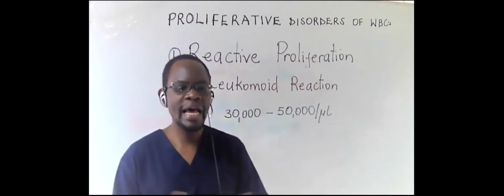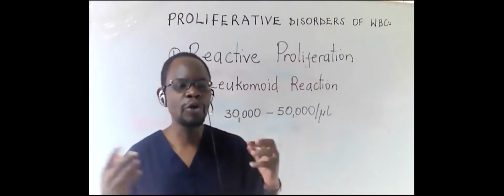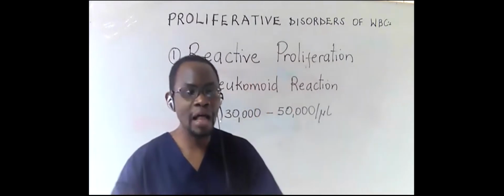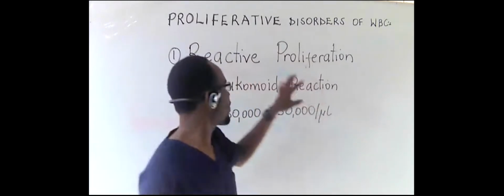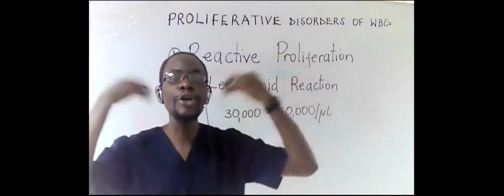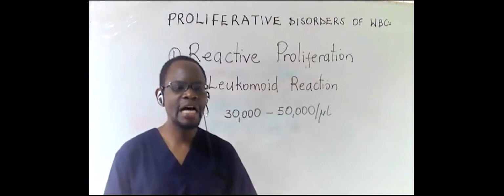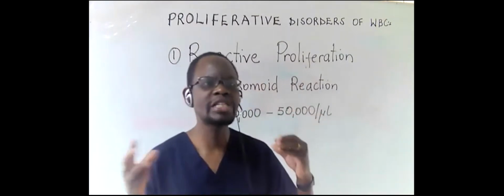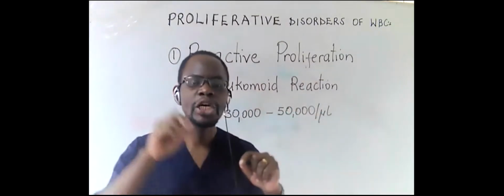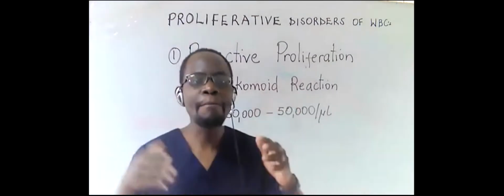And of course, for you to be able to tell the kind of proliferation, you need to know the normal numbers of white blood cells. We say the normal range is usually between 5,000 to 10,000 per microliter.